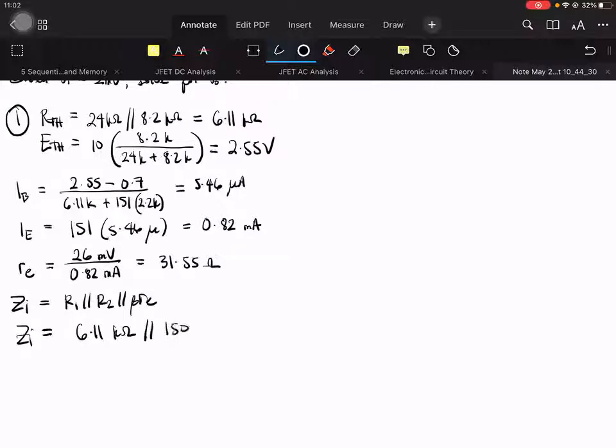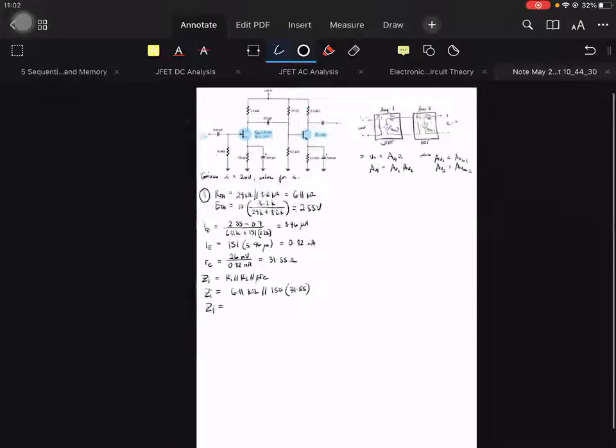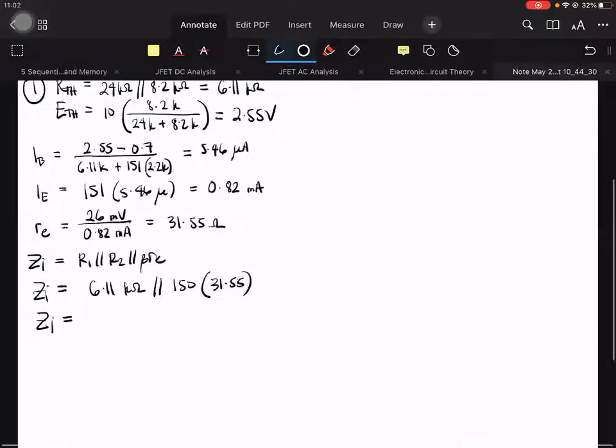Beta is 150 times 31.55. This is the ZI2.